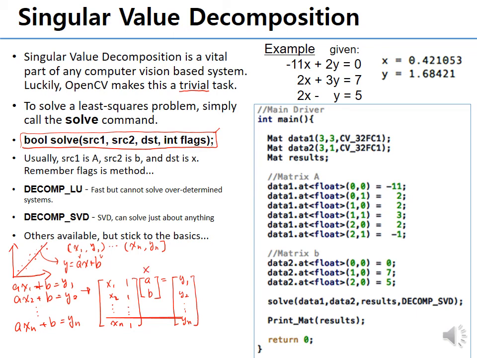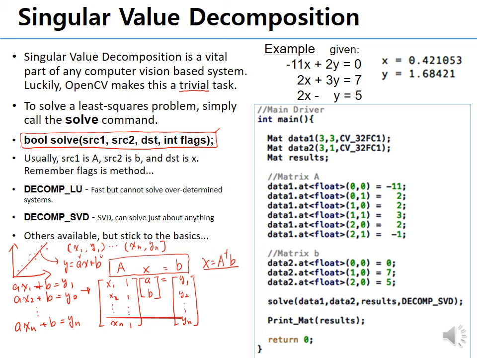So this is x unknown, this is the matrix A, Ax equals b. It is a standard linear problem expression. In order to solve this equation, you need to take the inverse of A. By taking A inverse and multiplying b, you can get x. You can solve this problem.